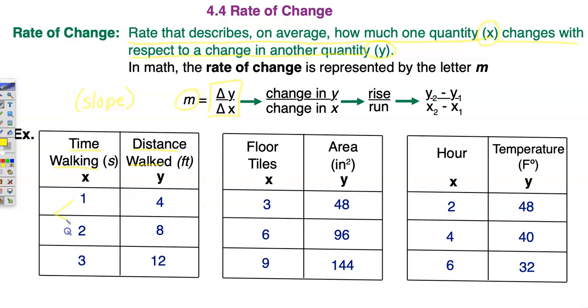Our x values are going up at a rate of 1 each time, and our y values are going up at a rate of 4. So our rate of change is always your change in y over your change in x. We represent that as a fraction, and we write that as 4 over 1. So it's basically 4 feet for every 1 step.